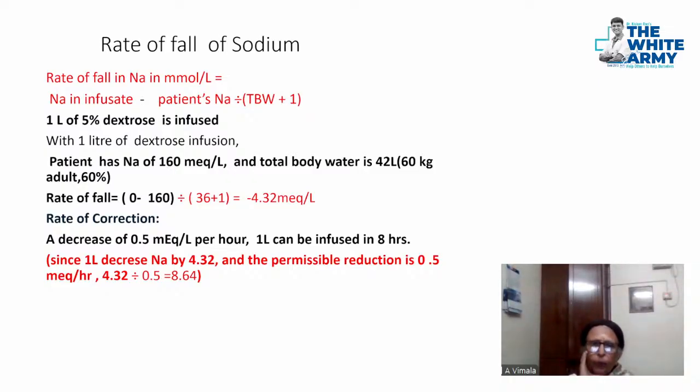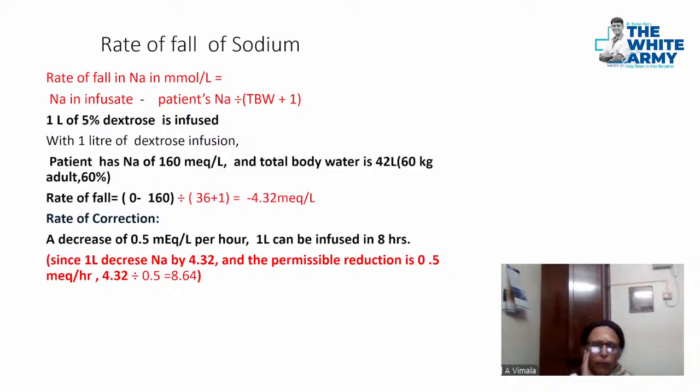Rate of fall in sodium is given by sodium in the infusate minus patient sodium divided by total body water plus 1. Here we are using 1 liter of 5% dextrose for correction, which contains no sodium. So the rate of fall will be sodium in infusate, 0, minus 160.